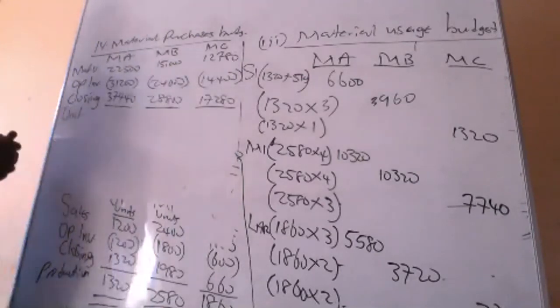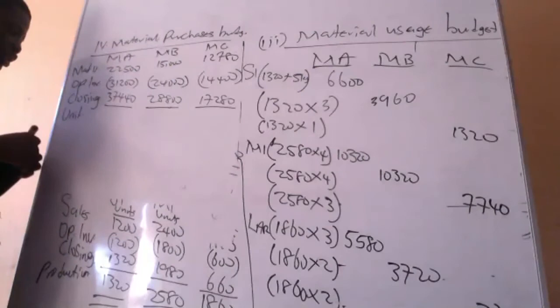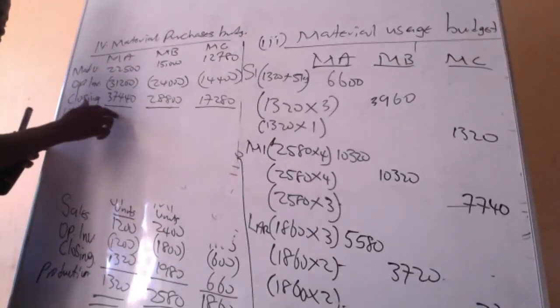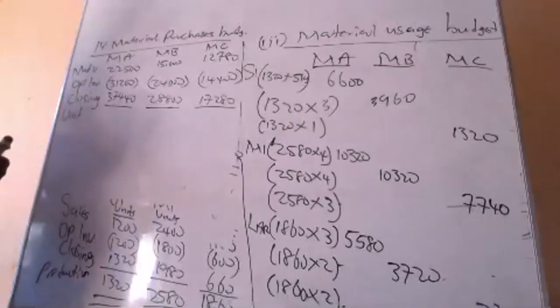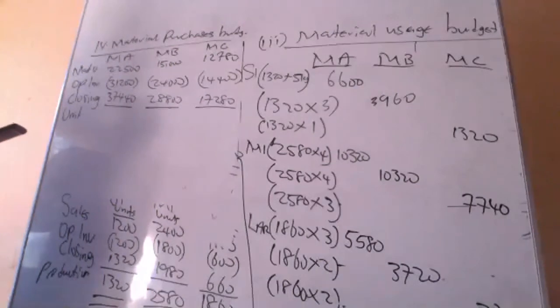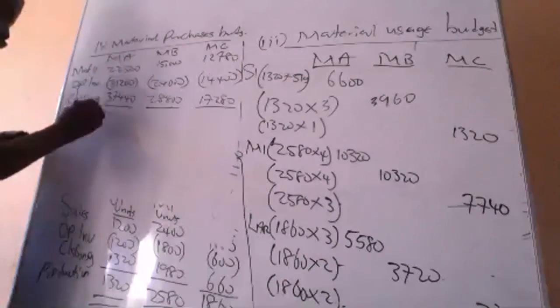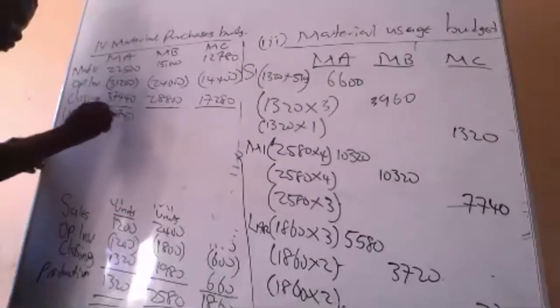Good. So now give me the material purchases units. 28,740. Good. So 28,740.